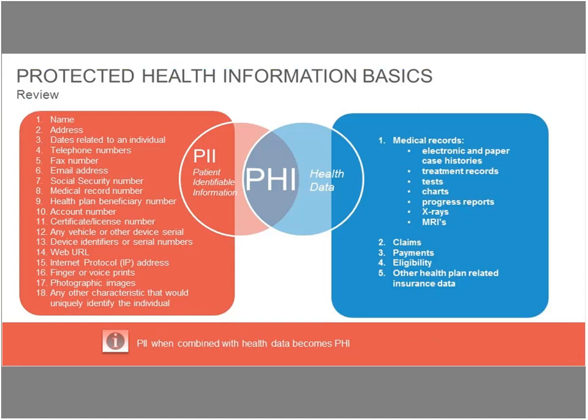So this is what I was talking to you about: protected health information, and how it is different from PII or health data. The 18 identifiers that you see on the left side of your chart, when combined with a specific patient's health data, is when it becomes protected health information.